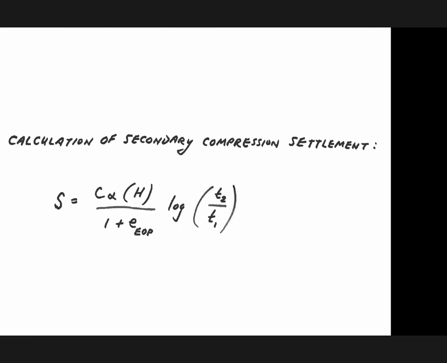Typically, that start time would be end of primary. So the look and feel of this equation is very, very close to what you have for consolidation. That's a stress-based calculation. This is a time-based calculation, but the framework for the analysis, that it's a semi-log plot and so on, remains the same.